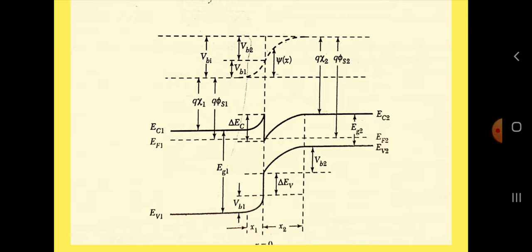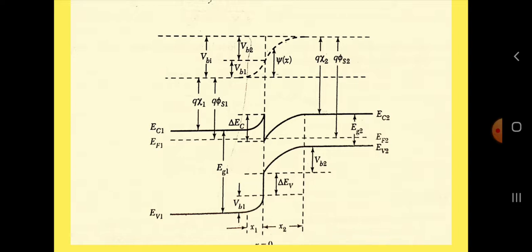For example, the AlxGa1-xAs materials with x ranging from 0 to 1 are the most important materials for heterojunctions. When x is equal to 0, we have gallium arsenide with a band gap of 1.42 electron volts and a lattice constant of 5.65 angstroms at 300 Kelvin.